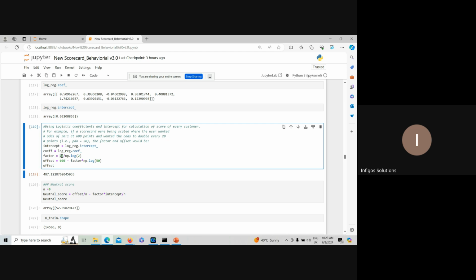You are dividing 20 by log of 2. When you divide it, you get the value of the factor. From the factor, you will calculate the offset, because you are taking that at 600 points you have odds of 50 to 1. But once you increase the points by 20, your odds become 100 to 1. So when your odds become 100 to 1, it means they double at 20 points.